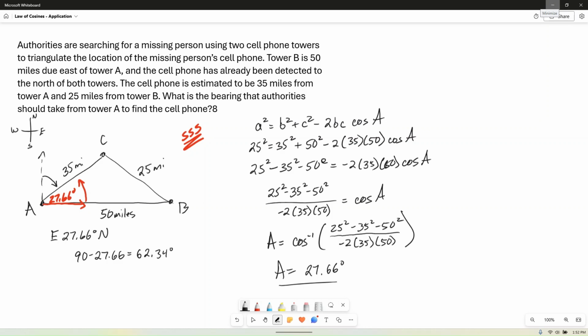Instead of writing this as an east angle to the north, we could say this is a bearing of north 62.34 degrees east. Usually we like to reference ourselves off of north or south first. We don't have to, but usually we do it this way. Sometimes you have to look at the context of a problem. But for now, let's say that the bearing, or sometimes you may hear it said as a heading, is north 62.34 degrees east.